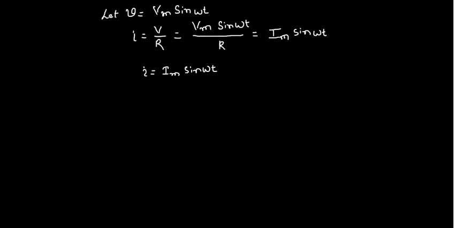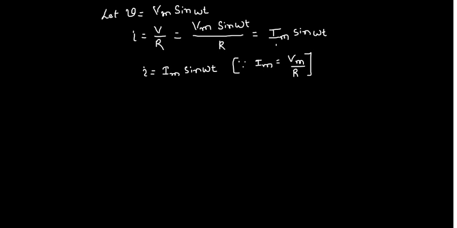Here Im represents the maximum value, where Im is equal to Vm by R. This is the value of the instantaneous current flowing through the resistance because of the voltage source v of t equal to Vm sin omega t.